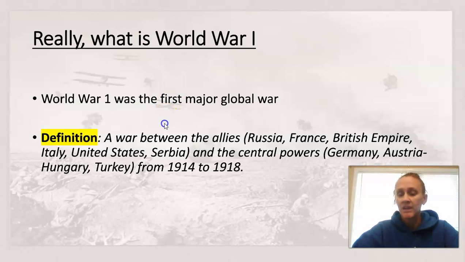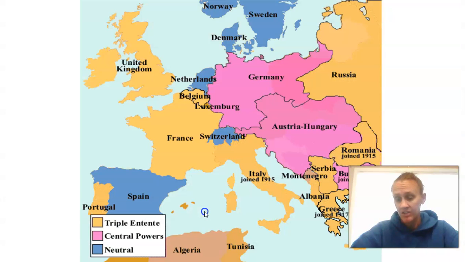And it was the first major global war that involved all of the major powers across the world. So it was a war between the Allies, who were Russia, France, the British Empire, Italy and the U.S. and Serbia, and the Central Powers of Germany, Austria-Hungary, and Turkey from 1914 to 1918, so the length of a high school career.